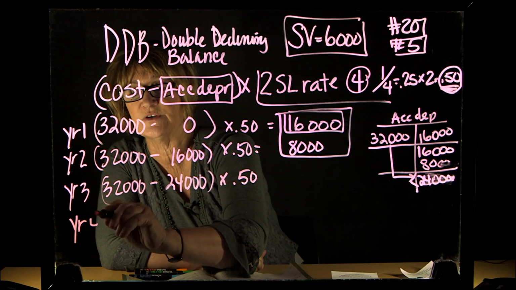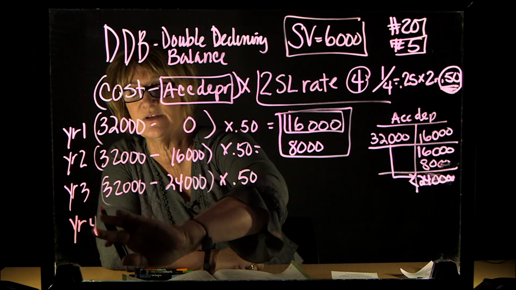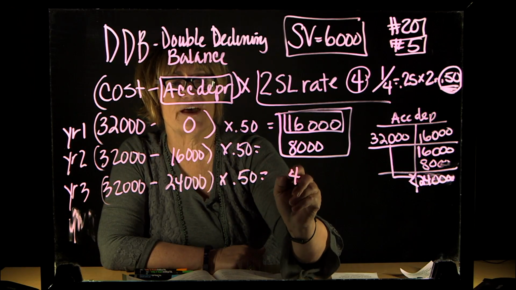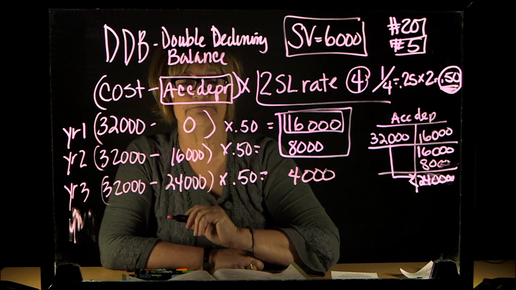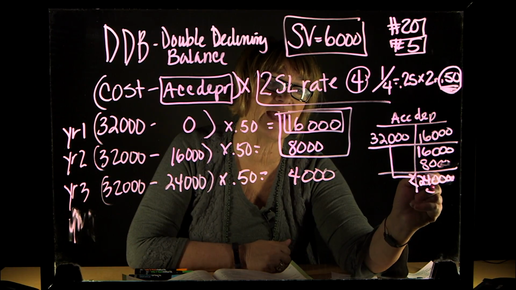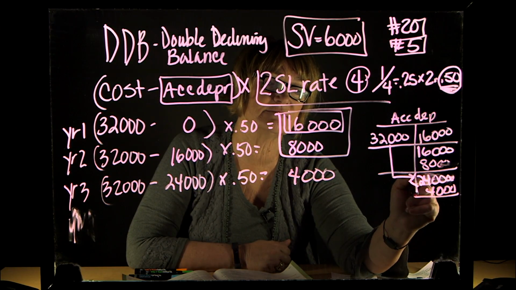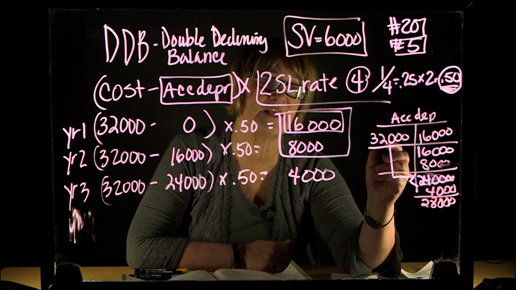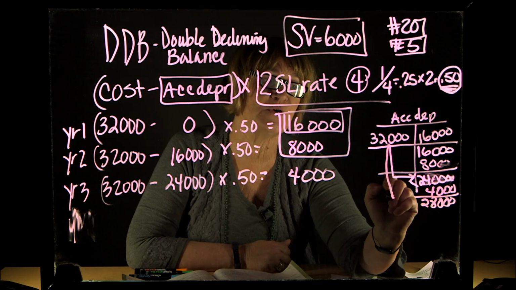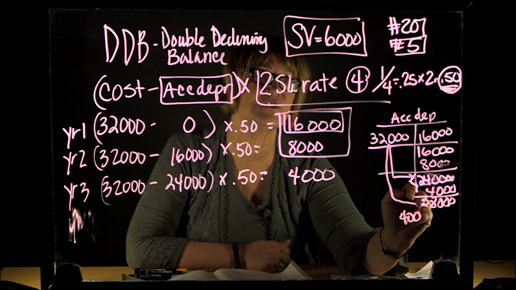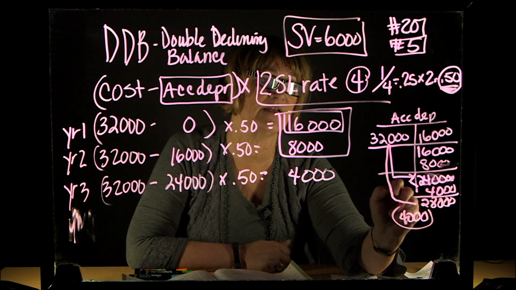This equals $4,000, right? If I use the formula. Now, if I go over here and I add 4,000, my accumulated depreciation is now 28,000. So 32 minus 28 leaves me a $4,000 salvage value, right?